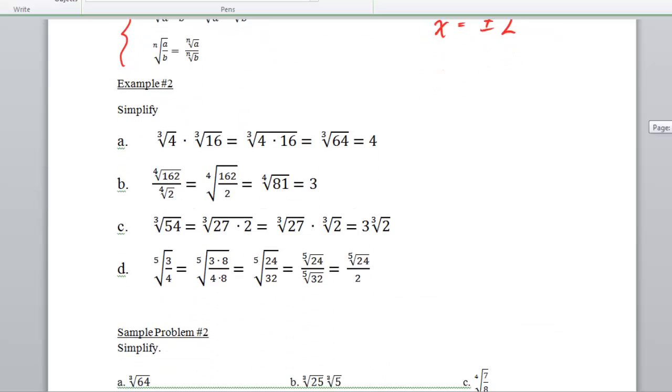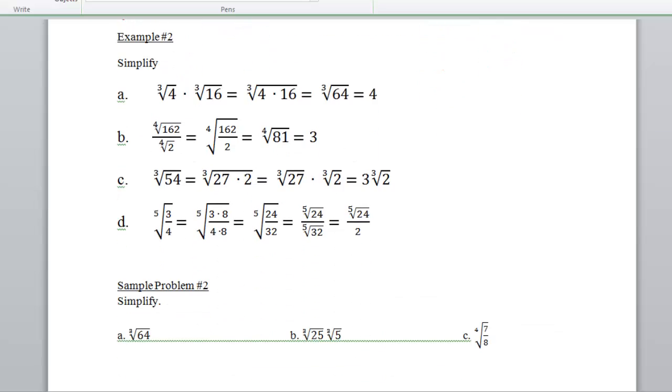So if you look at the examples, I'll point out particularly part D. In part D, this 8 over 8 is the rationalization of the radical, and the reason is because we wanted to get a perfect fifth root in the bottom, and the fifth root of 32 is 2, and that helped us rationalize the denominator.